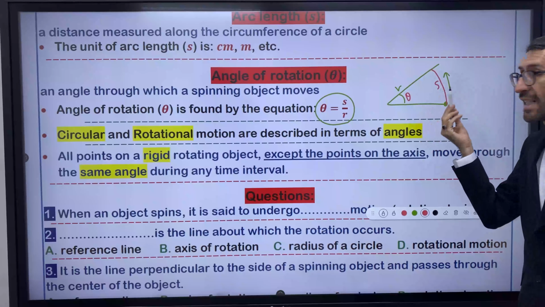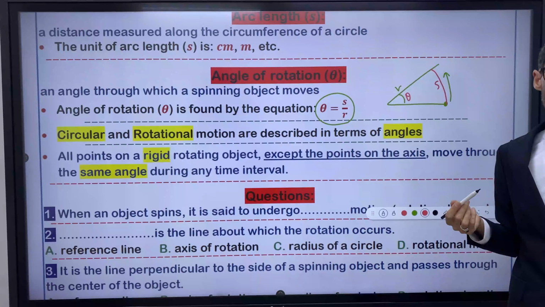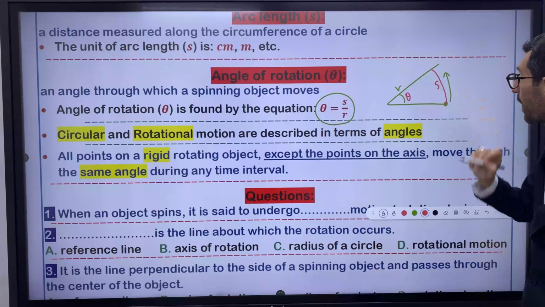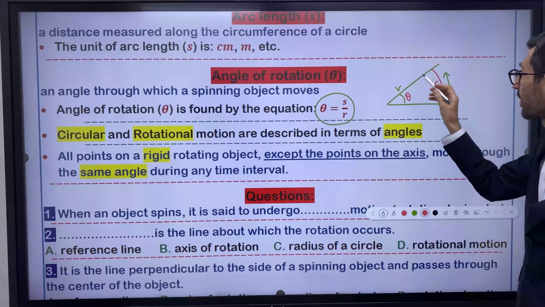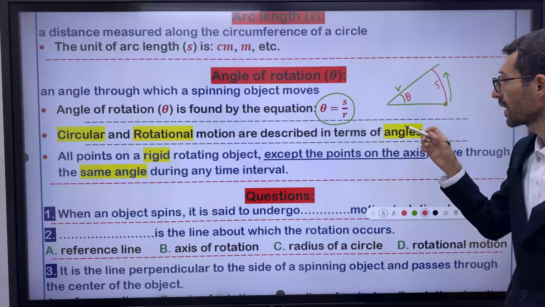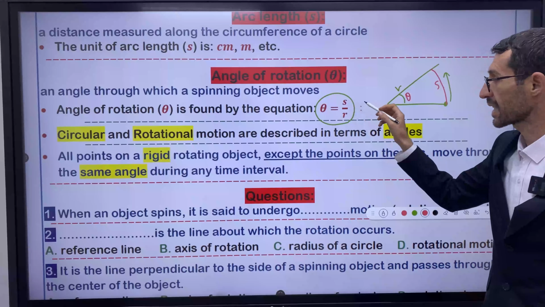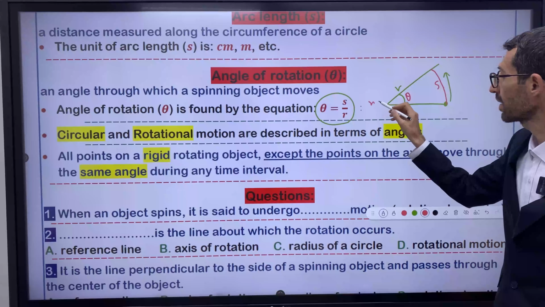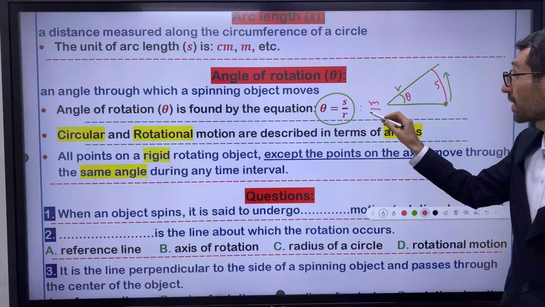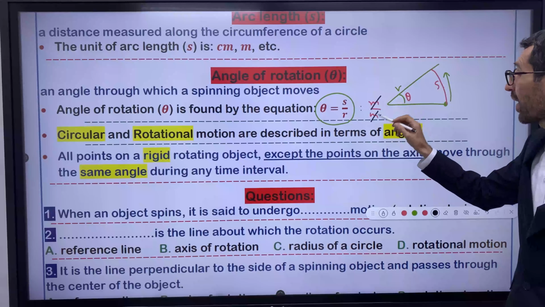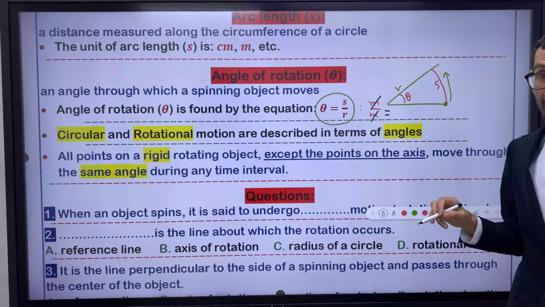So theta is measured by two pieces of information. What are these? Theta is equal to the arc length divided by the radius of a circle, right? If S, the arc length, is measured in meters, and the radius is measured in meters, they cancel one another and nothing remains, right?